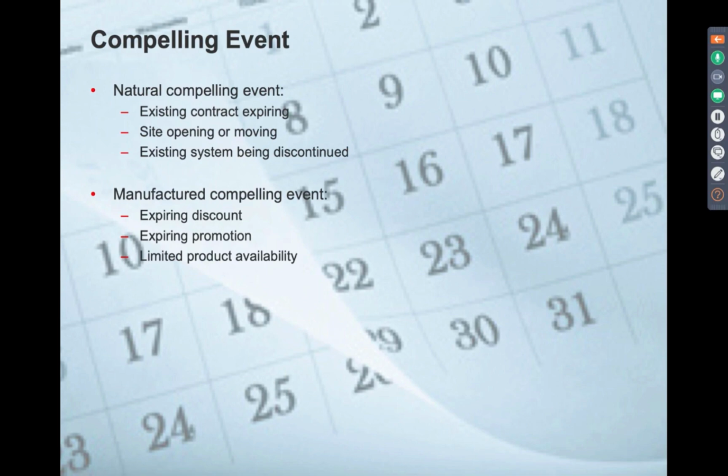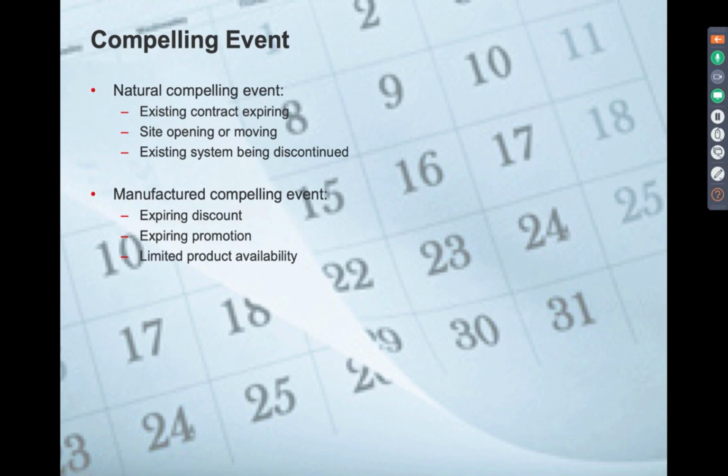A compelling event could also be part of the plan that I just mentioned. But a compelling event is a date of significance, okay? A good way to explain this is one way that I used this in my career. Think about a contract expiring, and your proposal is for a new contract, and there can't be any time in between, right?